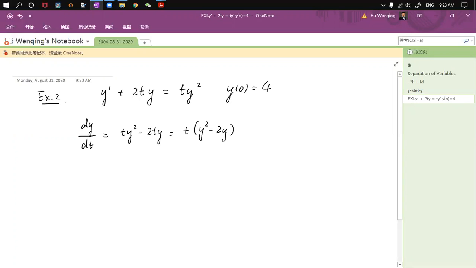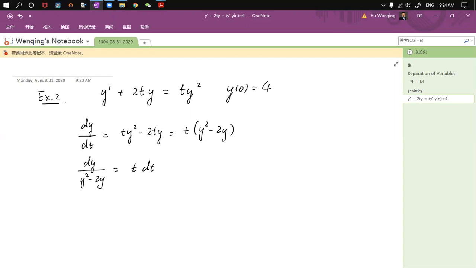If it is written this way, you can recognize that it is easy to do separation of variables: dy over y squared minus 2y is equal to t dt. So indeed you're using a kind of separation of variables.